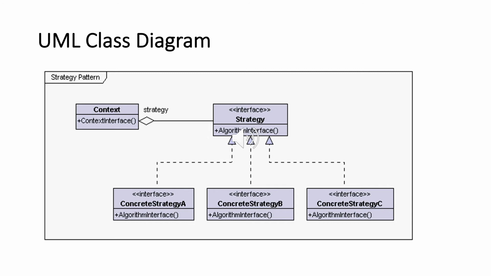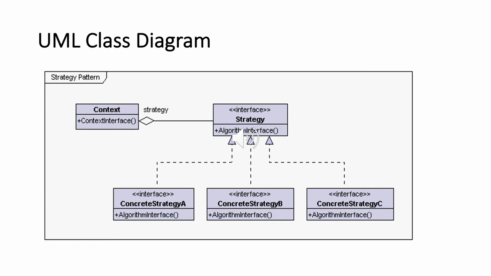So if you have multiple ways to solve any particular problem, then you will have to write a concrete strategy for each different way. Let's say you have five algorithms for any task, then you have to write five concrete strategies.